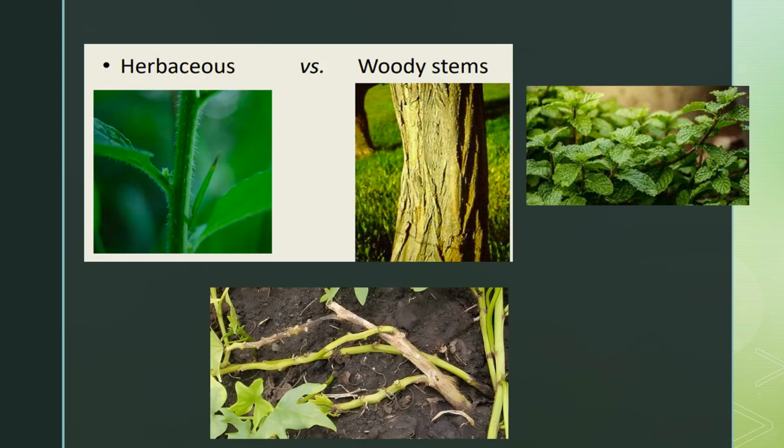Here you can see them all. This is the type of the herbaceous stems, and this is the woody stems. This is a tree, and here also it's a woody stem. It's a plant of mint, and also the strawberry and the tulip are herbaceous stems.